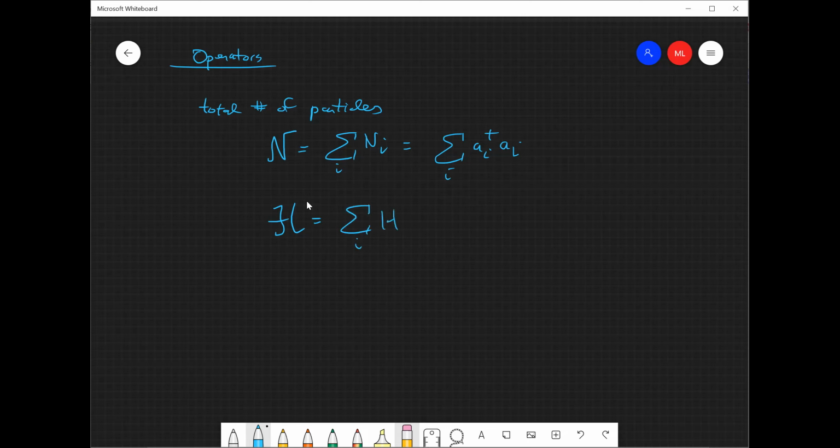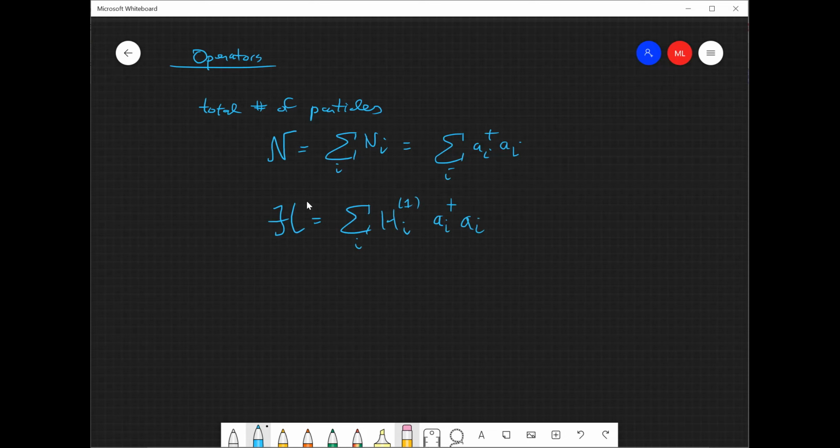It might be the energy associated with a single particle in state i, and then you would just multiply by the number of particles that are in that state. Like that.